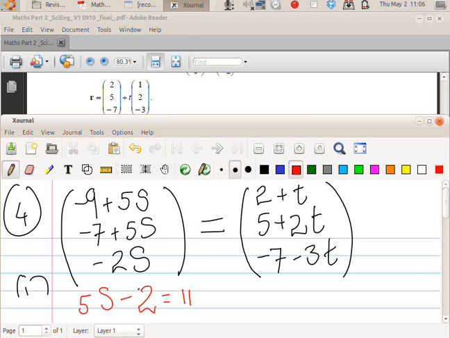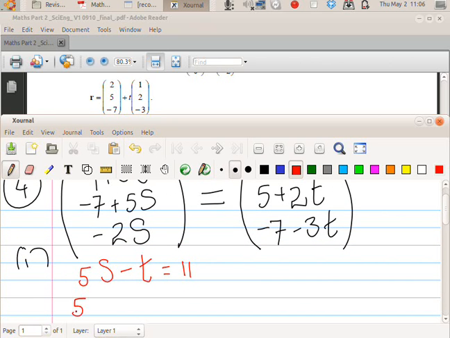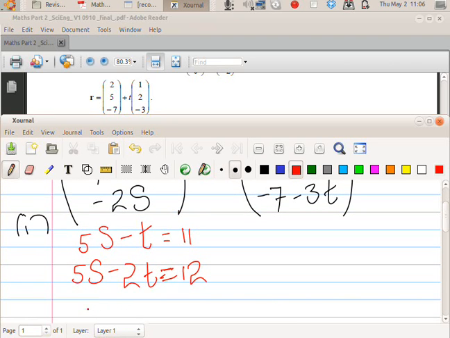Then the next one is 5s minus 2t equal to 12. And then the last one is minus 2s plus 3t equal to minus 7.